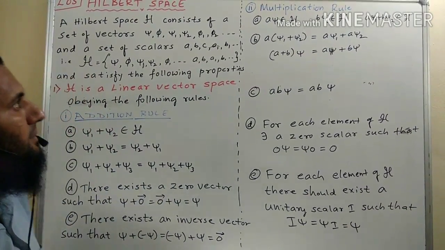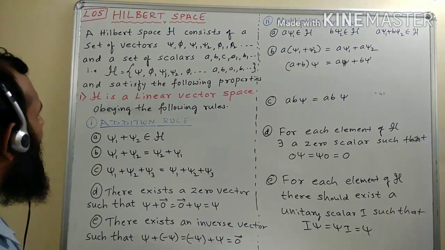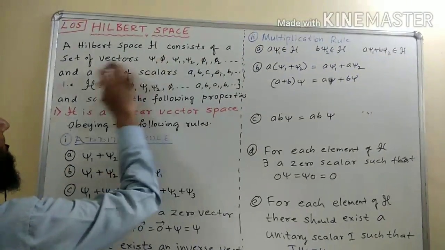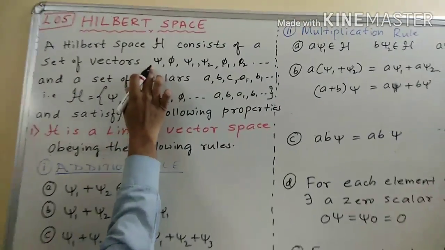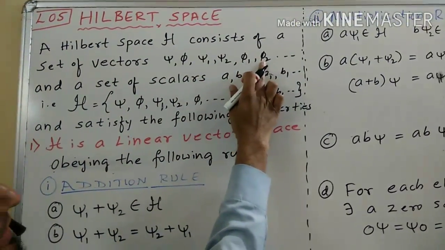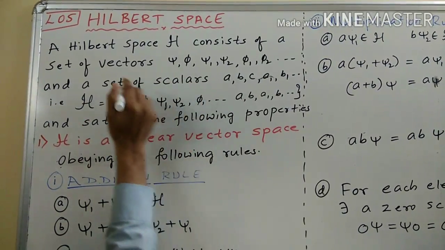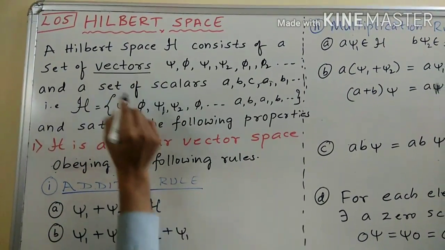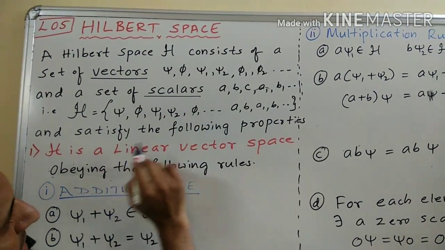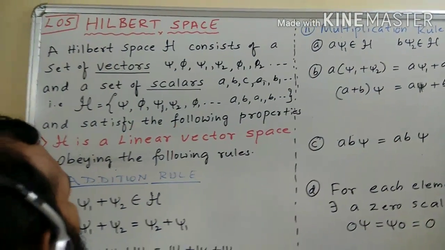The definition of Hilbert space is: a Hilbert space H consists of a set of vectors psi, phi or psi1, psi2, phi1, phi2, phi3, anything, and a set of scalars a, b, c or a1, b1, we can denote it by anything.